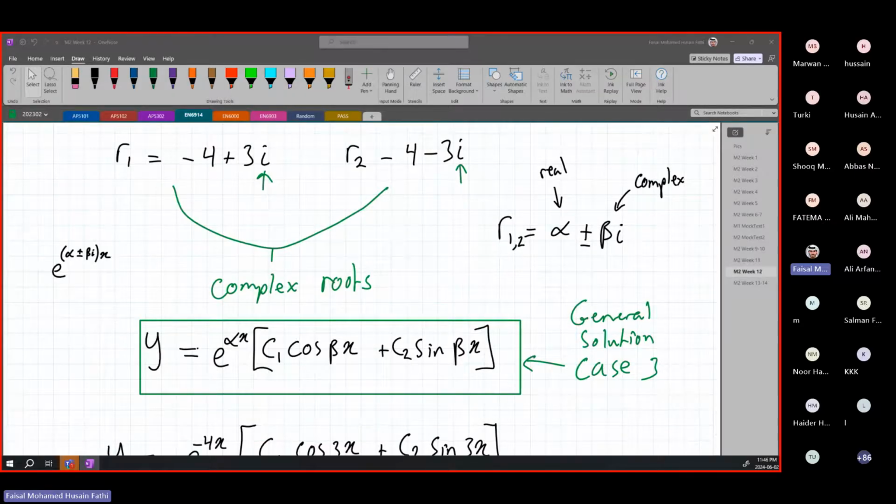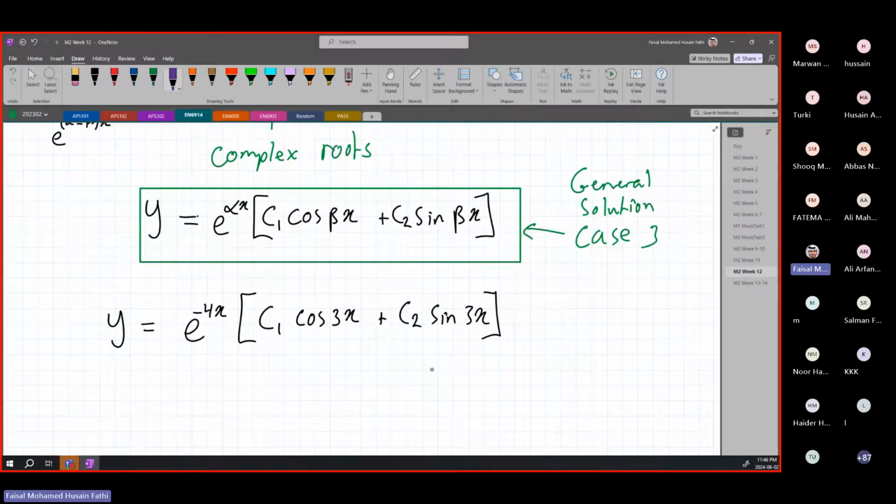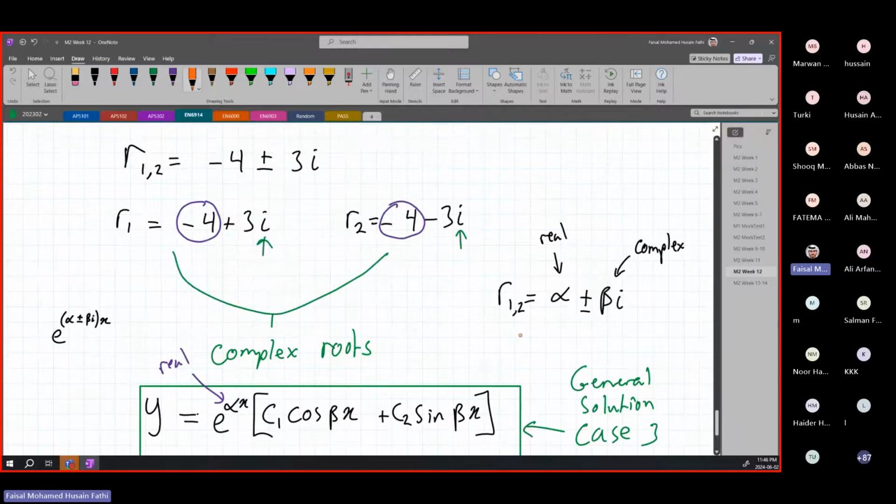Again, I will repeat how I plugged these values in. Our real value is -4, so our real value is going to go for alpha. We have plugged it in for alpha. The complex value is 3.